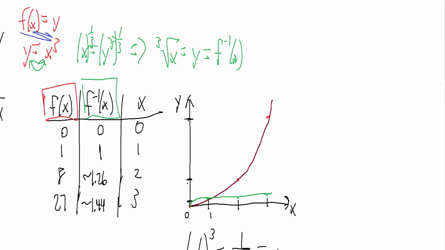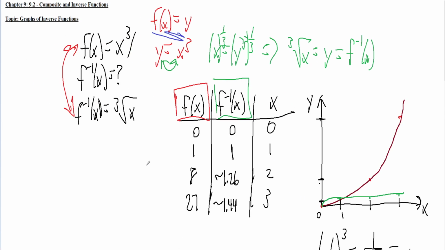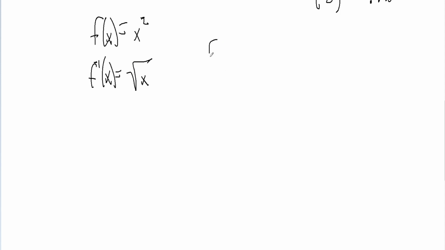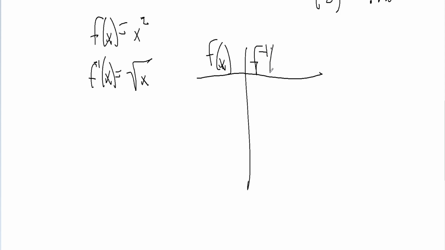We can take a look at a similar one that looks a little bit better than a cube function, and that's x squared. So if we have f of x equal to x squared, then the inverse function is obviously the square root of x. So we have our f of x values, our f inverse values, and then our x's.